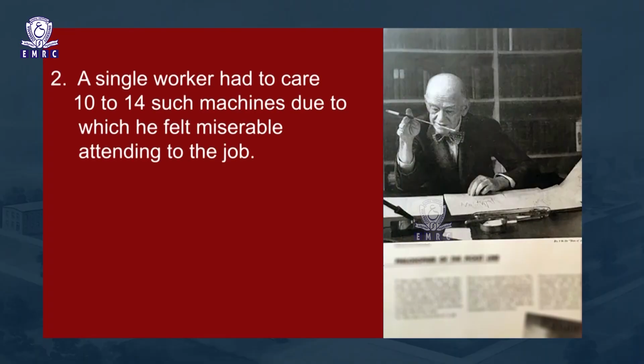This trouble developed since every piecer had to walk up and down a long alley, a distance of 30 yards or more, on either side of which the machine head was operating spinning frames with cotton thread. A single worker had to carry 10 to 14 such machines, due to which he felt miserable attending to the job.